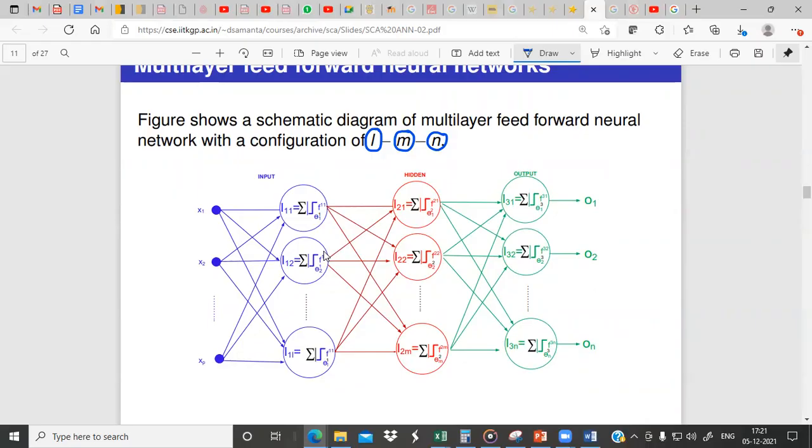So this is an example for a multi-layer feed-forward neural network with three layers.